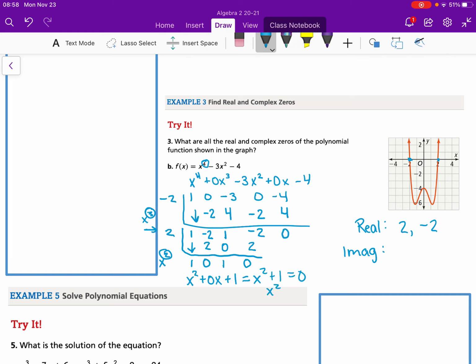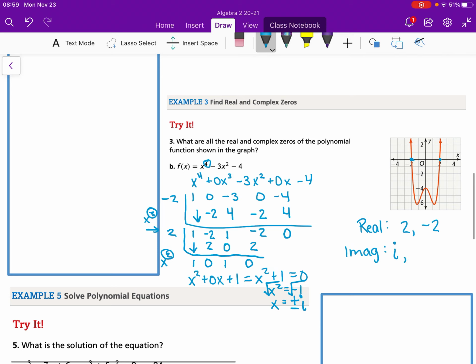Set that equal to 0. X squared equals negative 1. Take the square root. I get plus or minus because I took the square root. The square root of 1 is 1. And then the negative means that it's i. So my imaginaries are i and negative i. Notice I have 4 zeros total because it is to the 4th power.